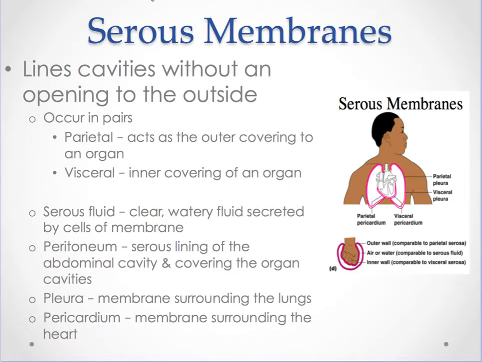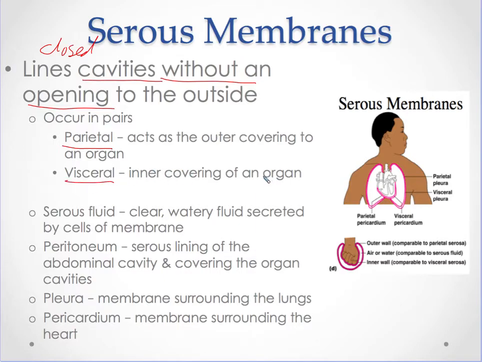Your serous membrane. So mucous membranes line open body cavities. Serous membranes line closed body cavities, so cavities without an opening to the outside. You have two layers to a serous membrane. The outside layer, the layer most superficial, is called your parietal membrane, and the inner layer is called the visceral membrane.